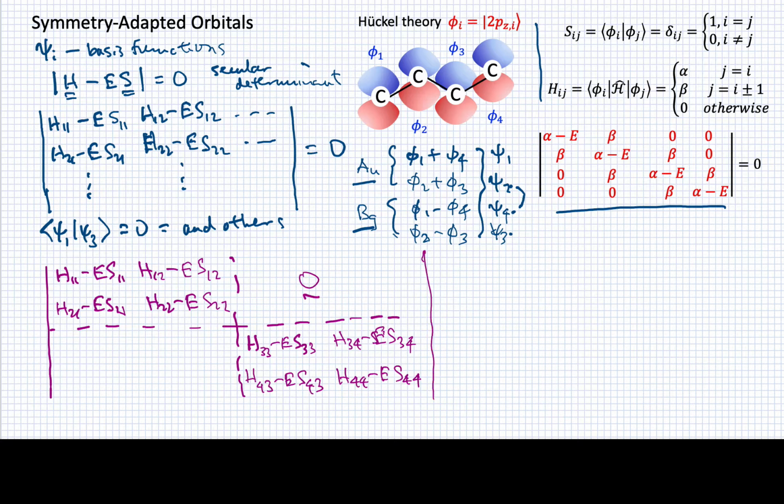And everything in here and everything in here will be zeros. So this has greatly reduced the complexity of this problem.